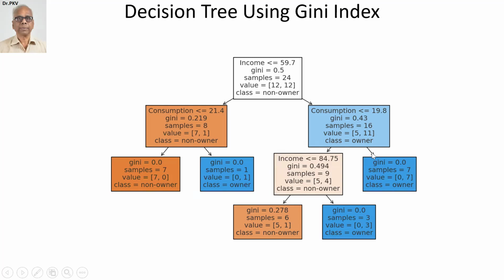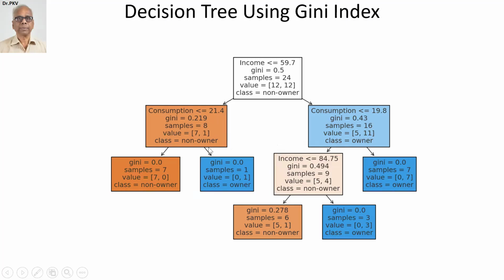Now you may ask me, there is one Gini here, there is another Gini here. How do I measure the information gain? There's left-hand side and the right-hand side. Now, very simple. Apply a weighted average of 0.219 and 0.43. How do I know the weights? Very simple. The samples here are 8 and 16.